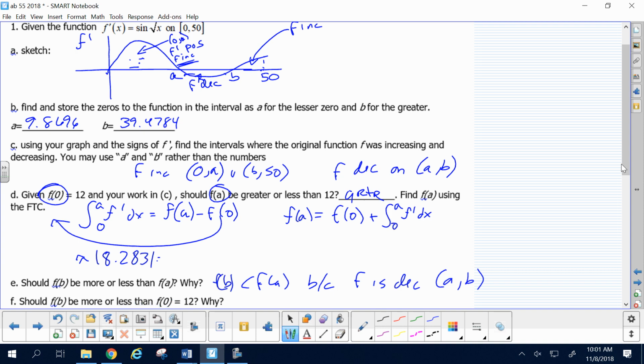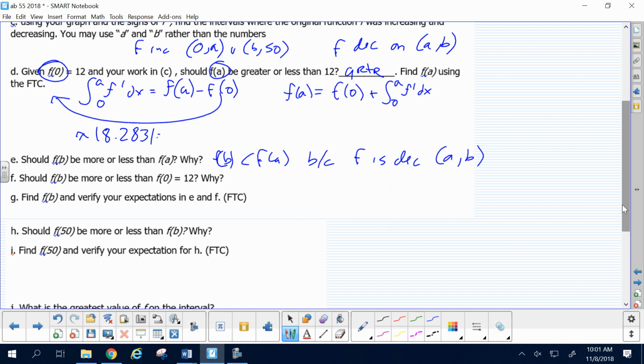Okay. If the 0 to a was bigger, then it increased more than it decreased. And so if it increased more than it decreased, then f at b is probably greater than f at 0, yeah? All right, so I would say f at b is greater than f at 0 because the increase area, which in math terms is the area from 0 to a, is greater than the decrease area.